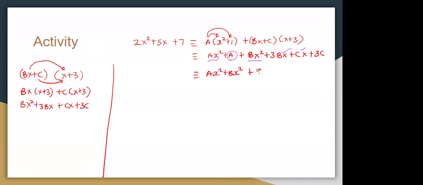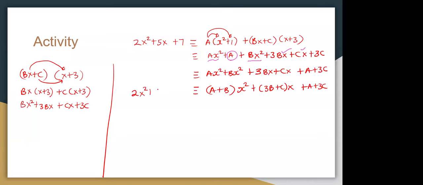So I'll have 3bx plus cx. Then those without x, I have a plus 3c. Now you can factor them out. So I have a plus b, and the common factor is x squared. For this one, I have 3b plus c, and the common factor is x, then plus a plus 3c. And this side, we have 2x squared plus 5x plus 7.